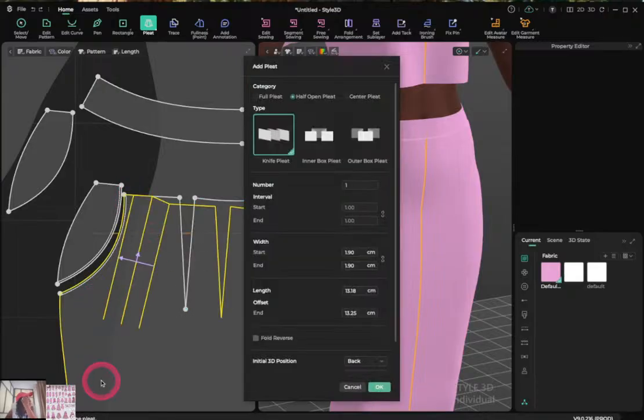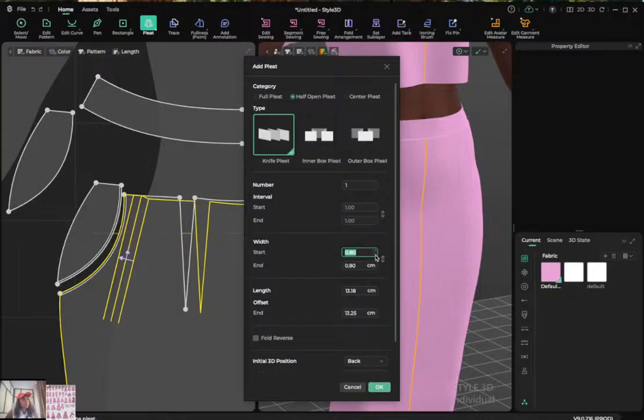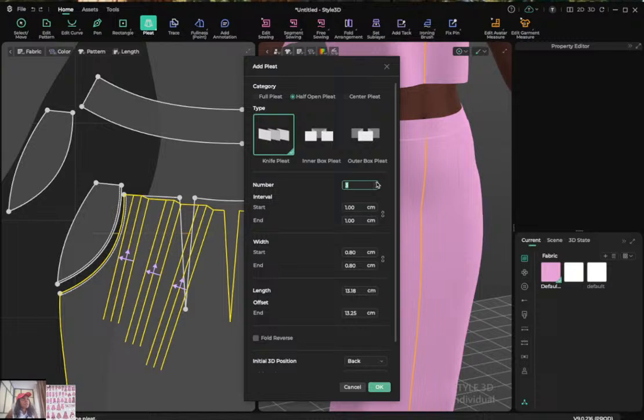Oh, I can do that? I didn't even know I could do that. Okay, so I don't have enough space for 2, so I can reduce the width and have enough for 4, 3 even.